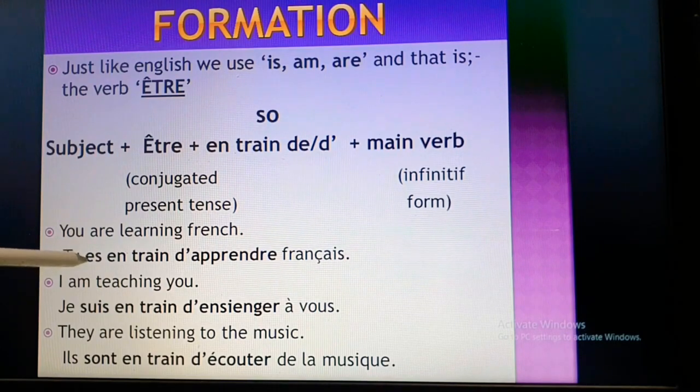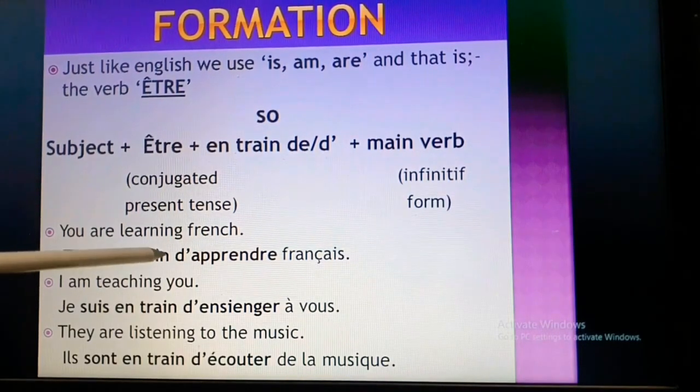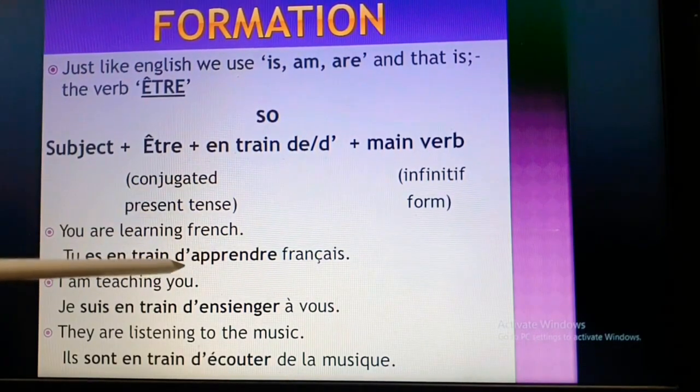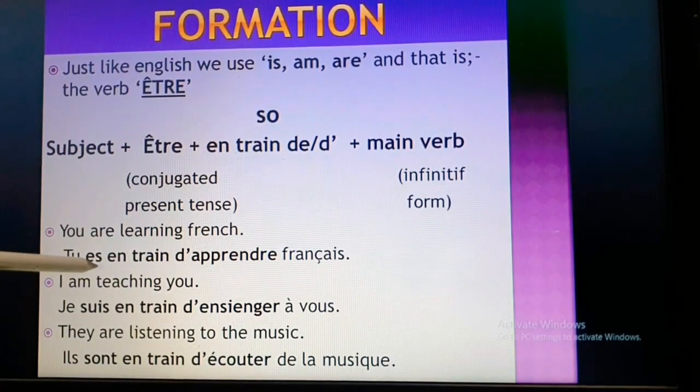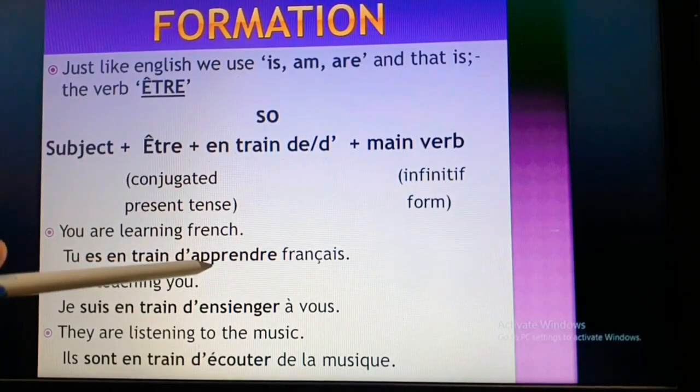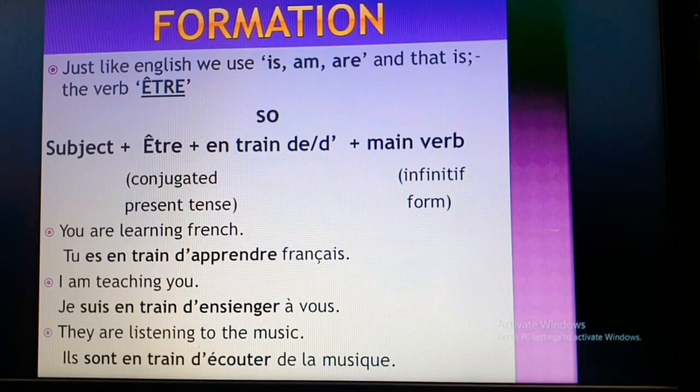Subject plus être verb plus en train de or the apostrophe. Why? Because apprendre is a verb starting with a vowel, that is A. So: tu es en train d'apprendre le français. Okay, next is: I am teaching you.